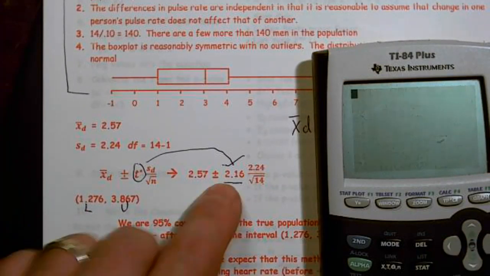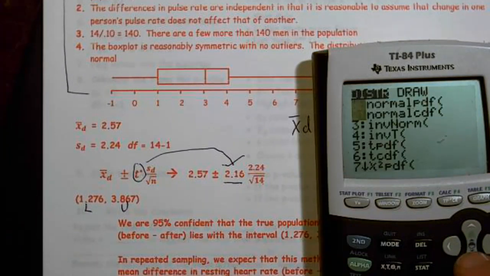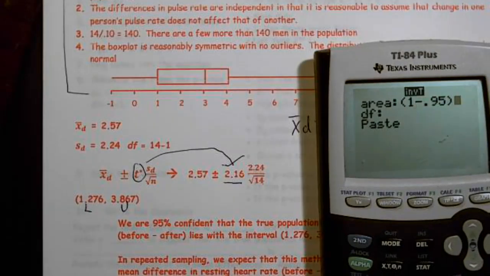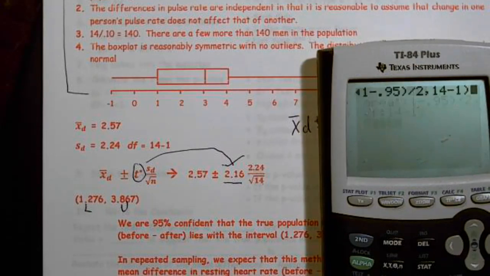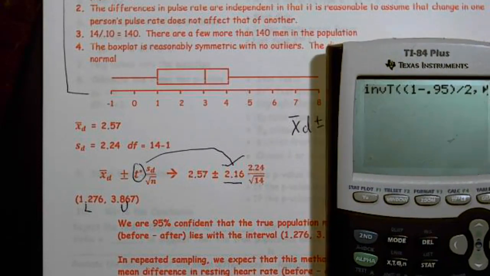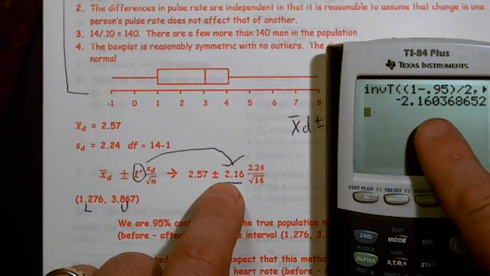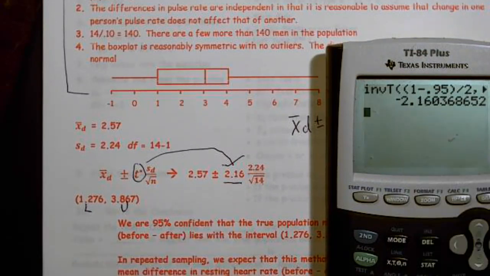So to get my T star, I'm going to go second vars, inverse T. My area is going to be parenthesis 1 minus 0.95, close parenthesis, divided by 2. And my degrees of freedom, well, we had 14 differences, so 14 minus 1, because it's n minus 1. And that's where my 2.16 is, and I choose to make it positive because I'm a positive person.